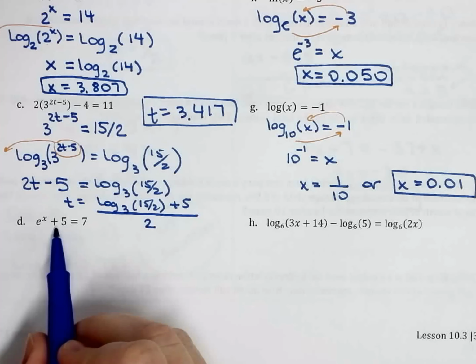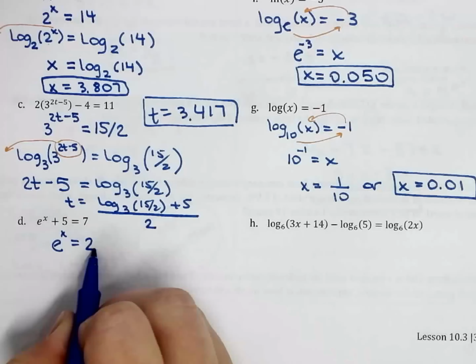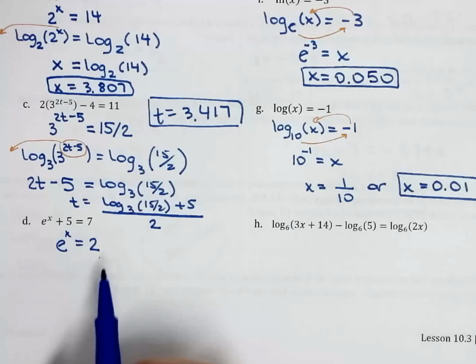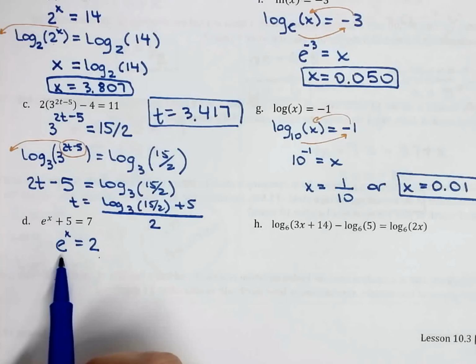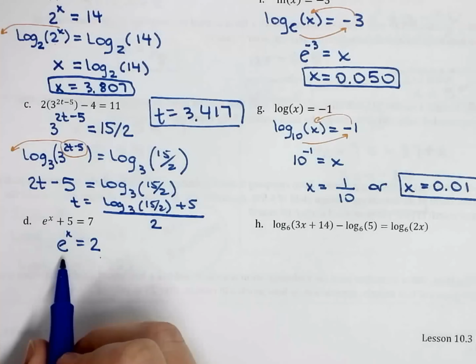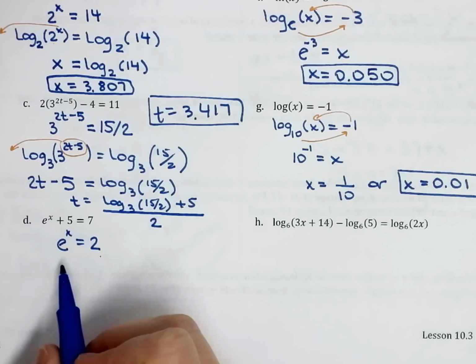Okay, so -5 on both sides. So now you have e to the power of x equals 2. Now we're going to take natural log of both sides, because natural log is log with the base e. And I also know natural log of e equals 1. Okay, I said a whole bunch of things.